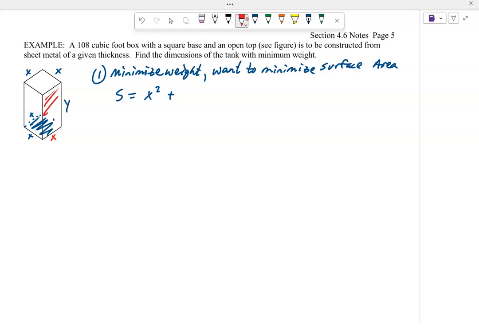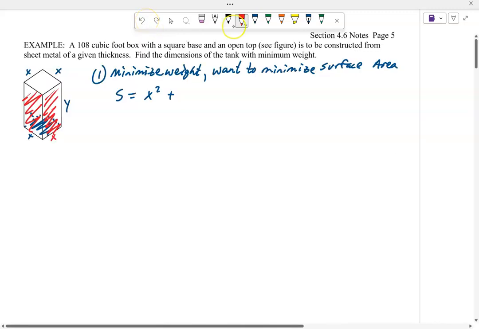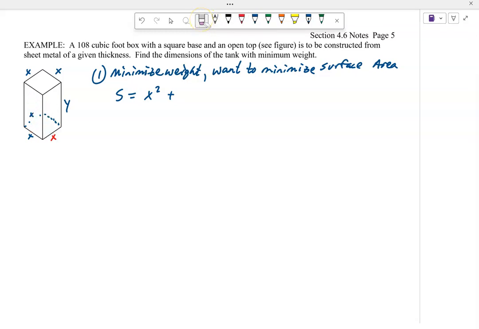That's a panel right there. And we've got how many of those? Well, we've got those two, and then the back one, and then that other back one. But we've got 4 of those xy's. And that's our surface area, right?